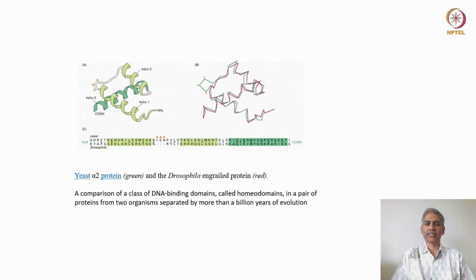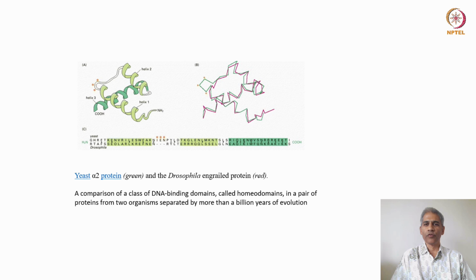Now, because this protein performs a very important function, which is it binds to DNA, even though yeast and Drosophila have diverged more than 1 billion years ago, because this protein in yeast and Drosophila performs the same function, the structure of this protein has been maintained, even though the primary sequence of amino acids is now different.